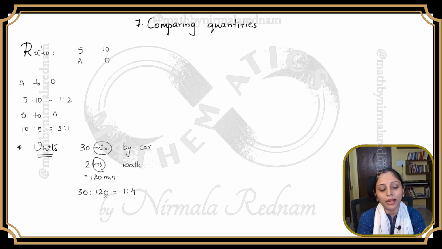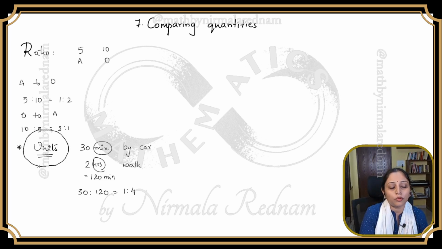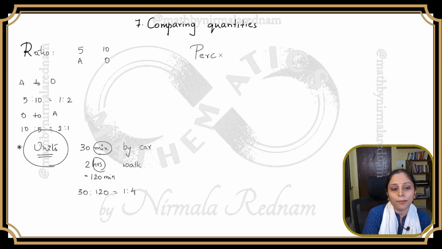That is the reason why you use ratios to compare quantities, because it gives you a sense of how much bigger or smaller, how much faster or slower one quantity is compared to the other. So this is one thing that you need to remember when you are dealing with ratios. You have to have the same units, right? So that is about ratios. And then let's look at percentages.